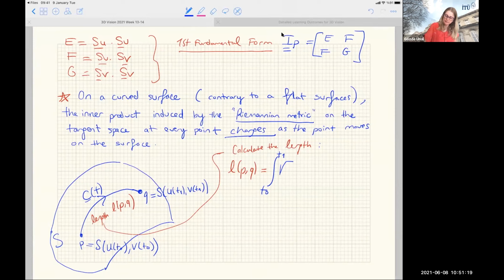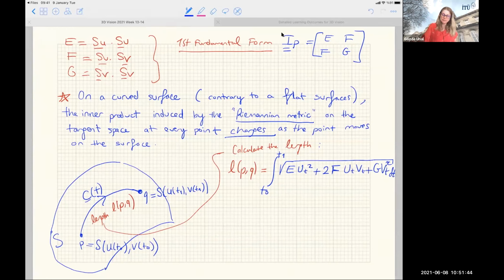It's the square root of E u'(t) squared plus 2F u'(t) v'(t) plus G v'(t) squared, which, as we've already shown, was the norm of C prime of t squared, with a dt here.